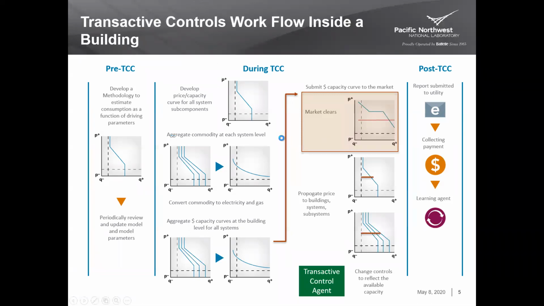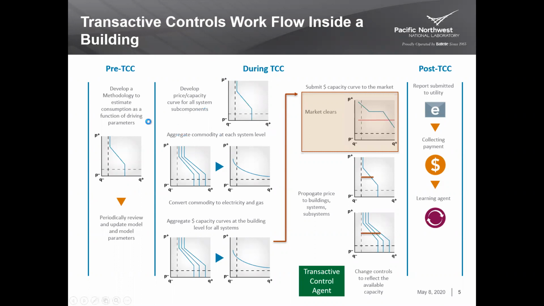So as I mentioned, those models are used to determine the flexibility of some needed commodity. For VAVs, that's cooling, versus some pricing signal or some other signal.